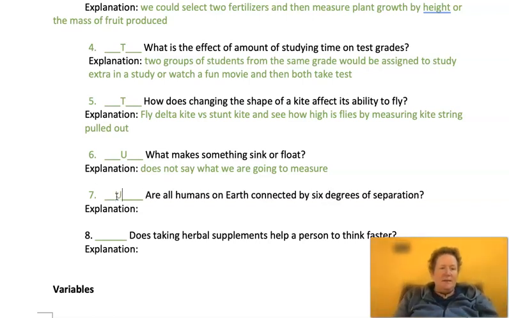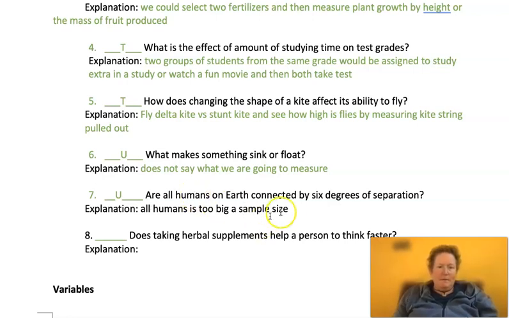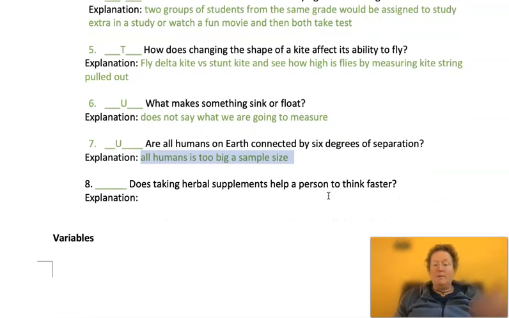So I'm going to say untestable. All humans is too big a sample size. You could test like 2 people, but that wouldn't be a good sample size to generalize to 7 billion.